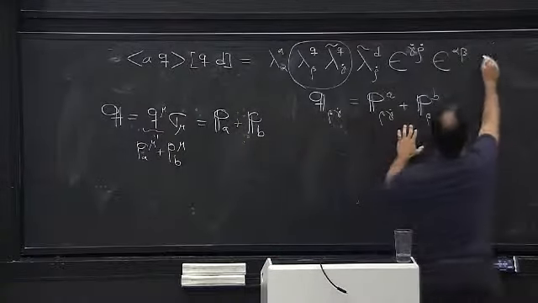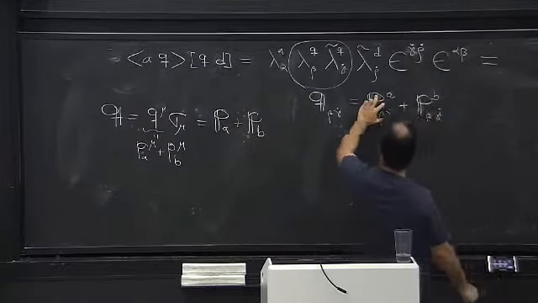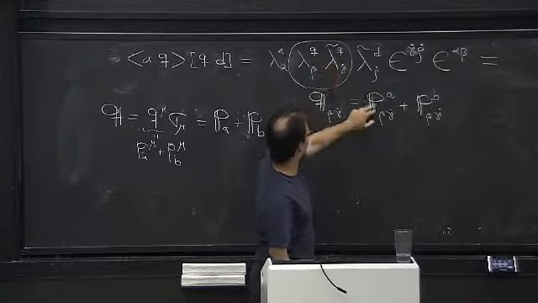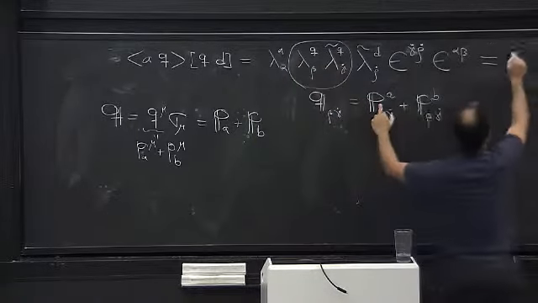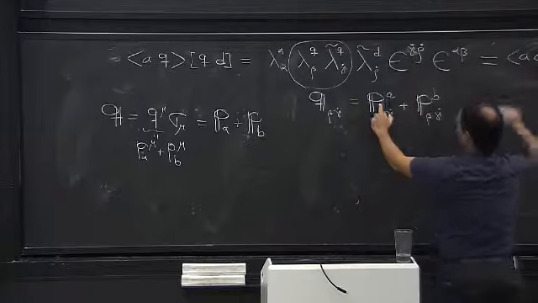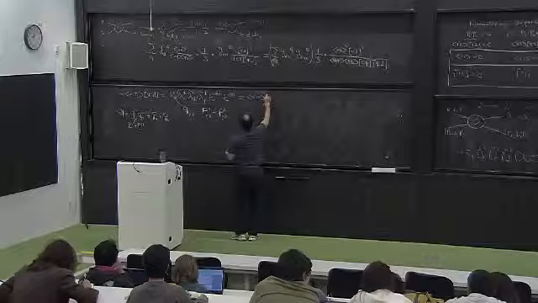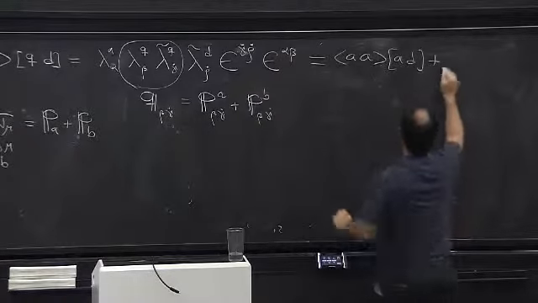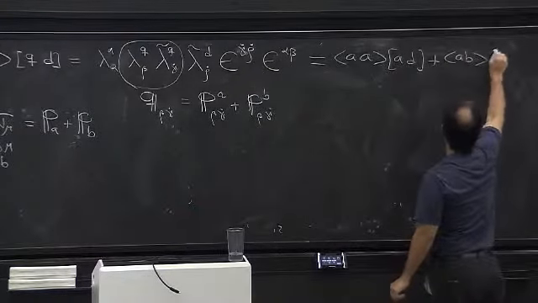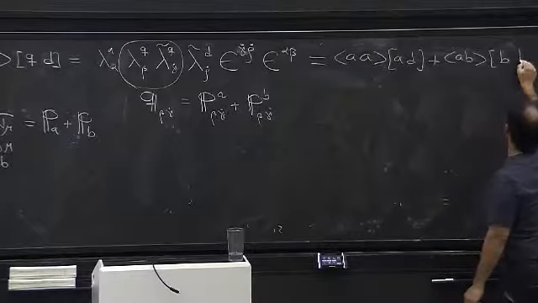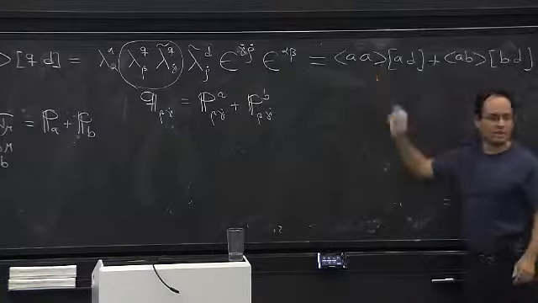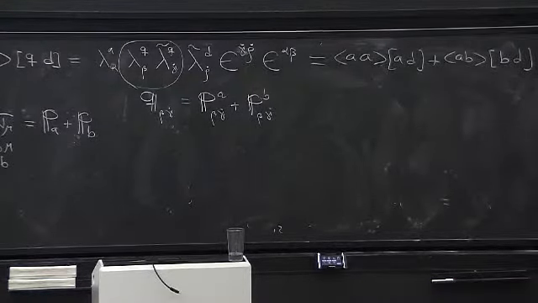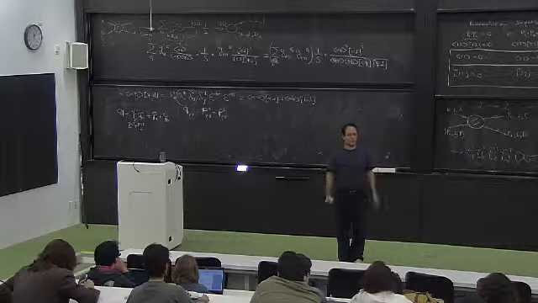And therefore, I get the following. When I use this one, again in terms of lambdas and lambda tildes, I get A with A, and then A with D. When I use this one, I get A with B, and B with D. Now, what is A with A? It's a determinant where the two rows are the same.